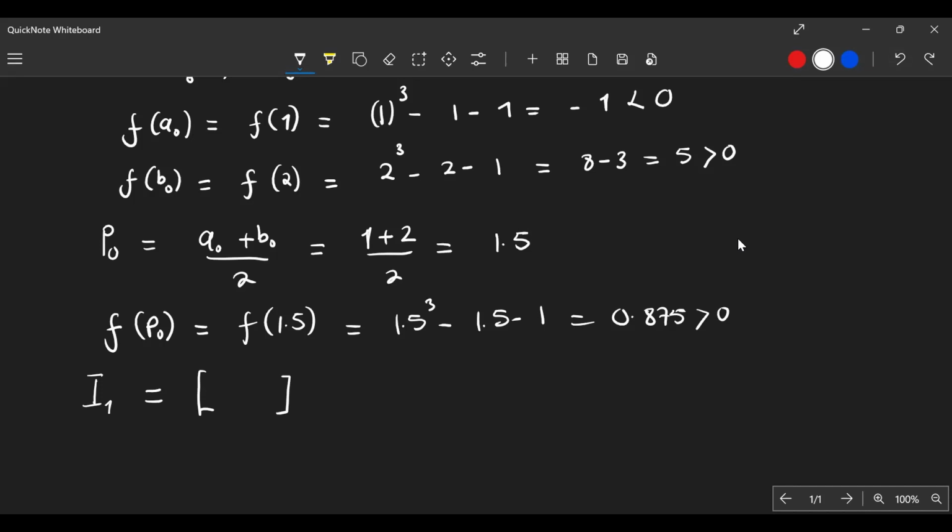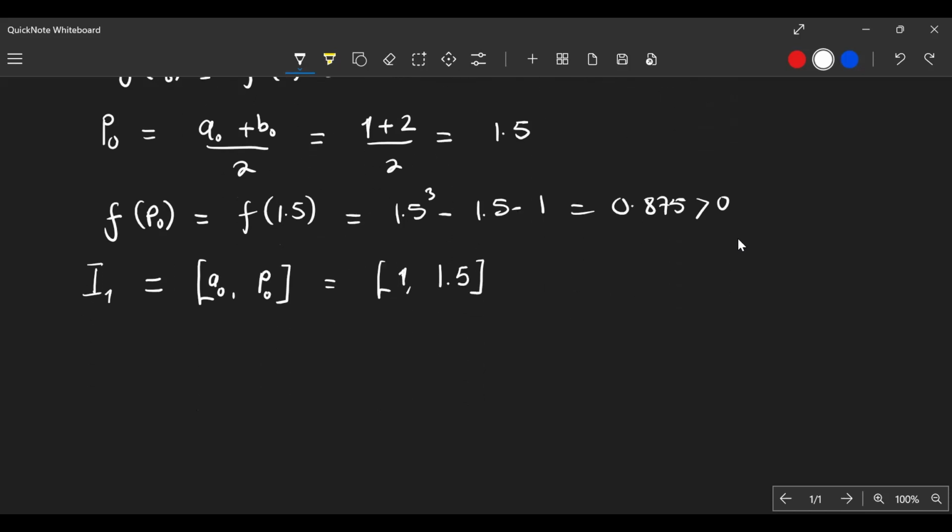If you look at that, a naught gives us negative, b naught gives us positive, p naught gives us positive. So in place of b naught, I'll replace it with p naught, and a naught is to be maintained. So my new interval: a naught is 1 and our p naught is 1.5. So this is my new interval.